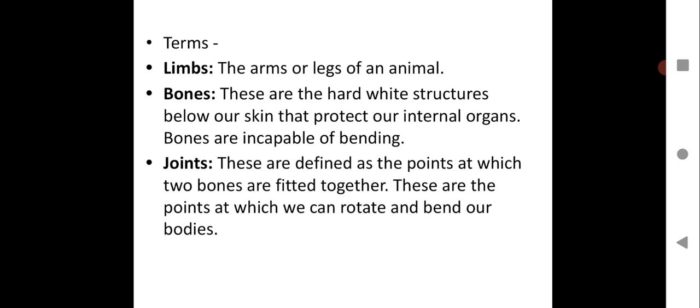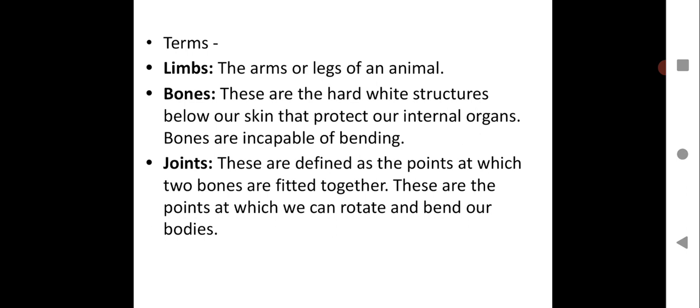The forelimbs act like arms, whereas the limbs behind are their legs. Hind limbs means the legs behind, and forelimbs means the hands, the arms for them.